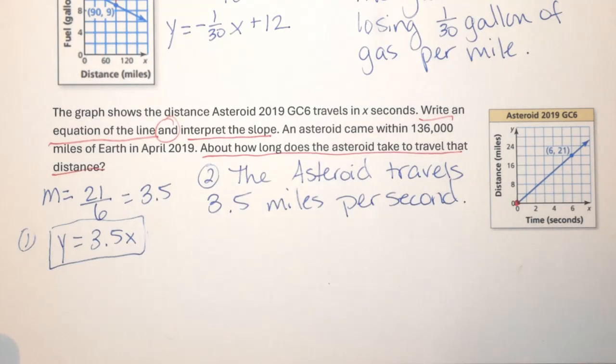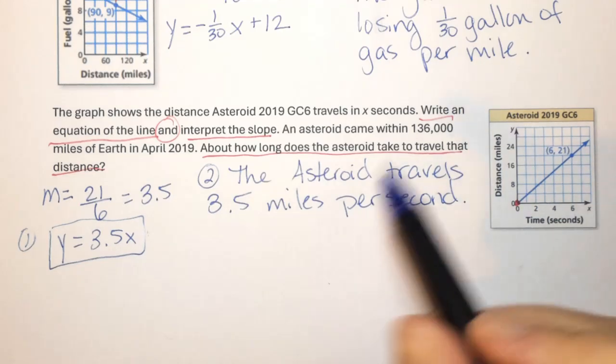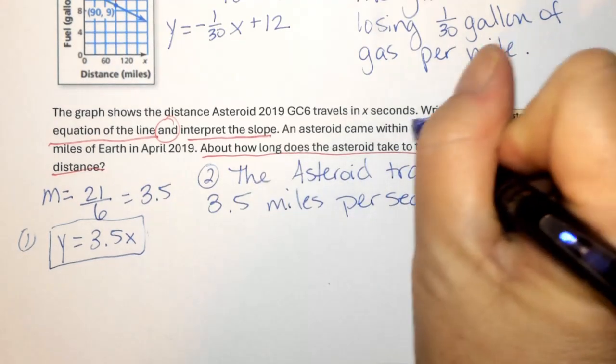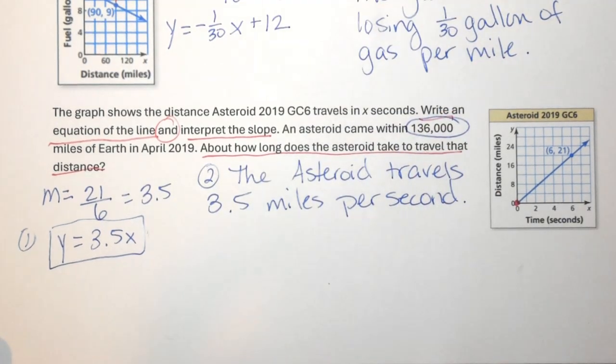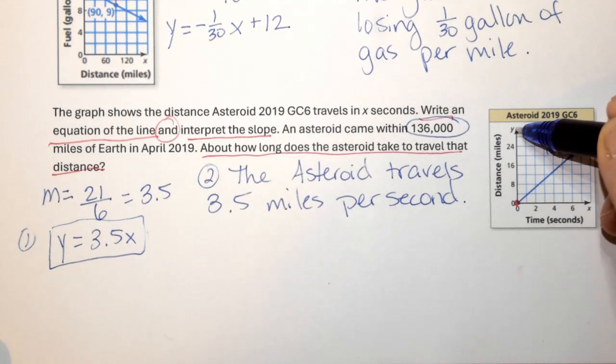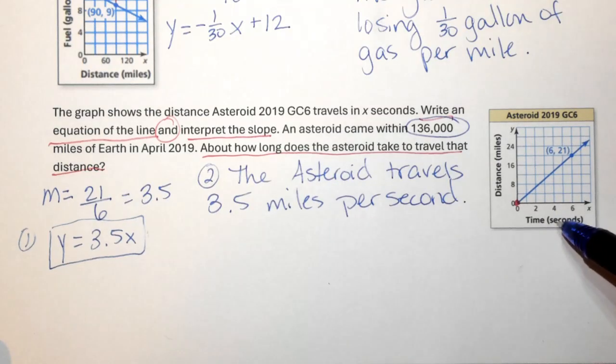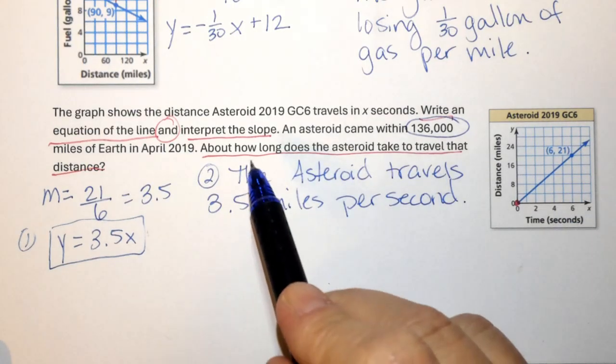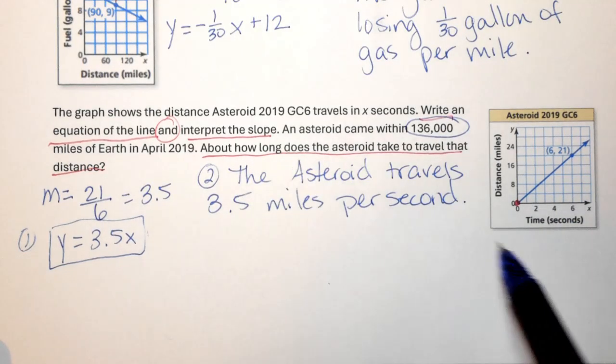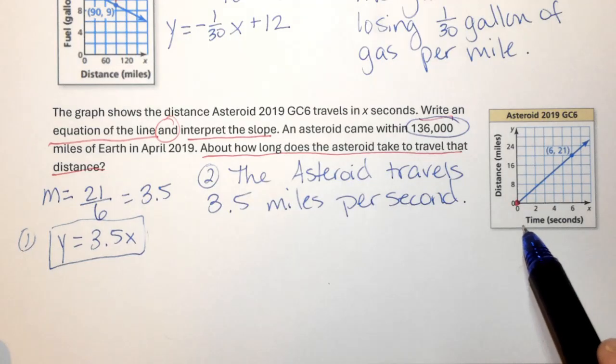All right, so about how long does the asteroid take to travel the distance? So what distance? This 136,000 miles. So what is our miles? Our miles is our y value, all right? Our time is our seconds. So they're asking us how long does it take? That means we're looking for our x.